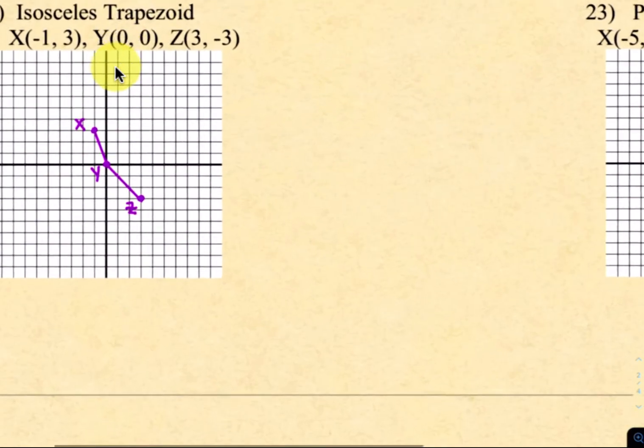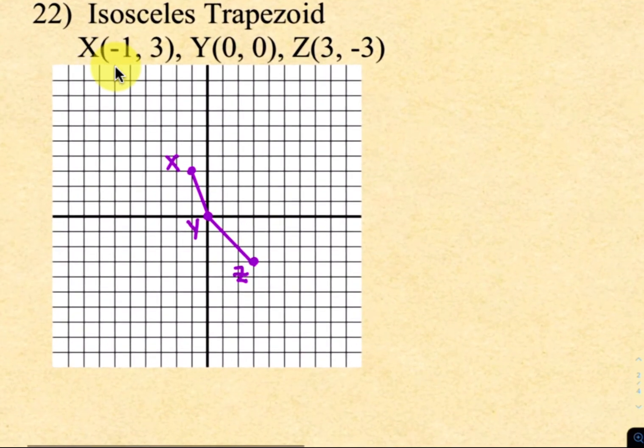First, we plot the 3 points that we're given, X, Y, and Z, and we connect them. And so we'd have to have another point W, which I believe is going to be right around in here. I'm getting that because to get from Y to X, I would go over 1 and up 3.